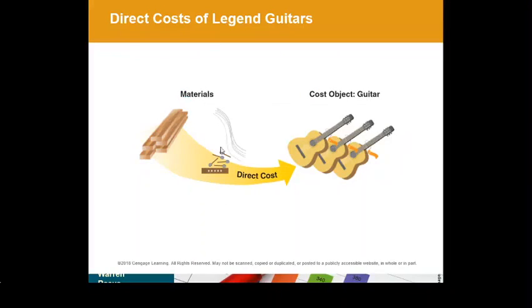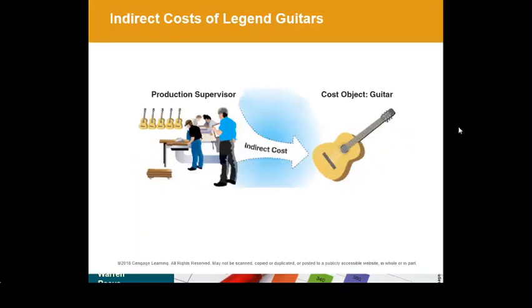Okay, so again, here is a quick illustration. Materials, just now the wood, the guitar strings, and the guitar bridge, can be considered direct costs because you can actually see this is the wood, this is the guitar string, and this is the guitar bridge. However, in producing this one guitar, there are the production supervisors and the employees. You cannot see the production supervisor in this guitar, but you know that they are supervisors who supervise and monitor the production of the guitar.